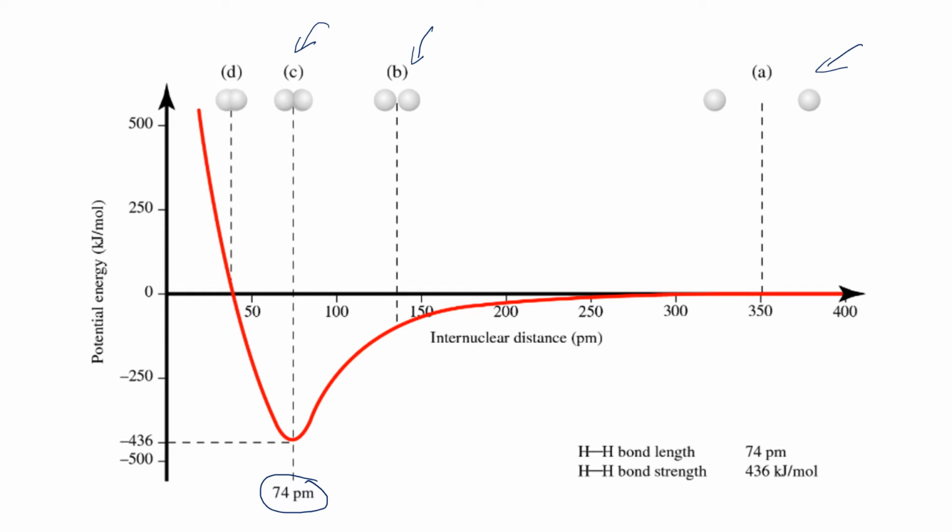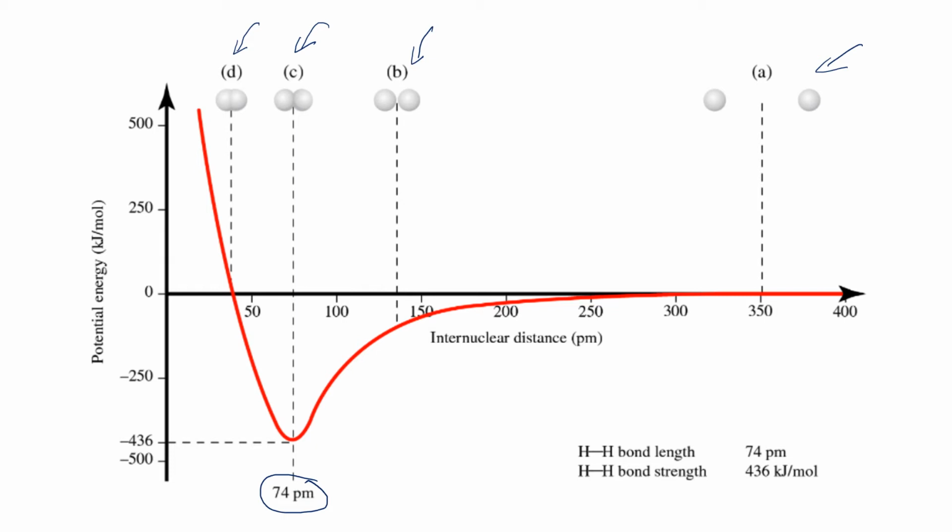However, if we continue to push these atoms closer to one another, as we're showing here in part D, now the nuclei start to experience repulsions for each other, which causes the energy of the system to go up. And so this curve really does have a minimum where we're balancing the attractions of the electrons for the other nuclei with the repulsions of one nucleus for the other nucleus.